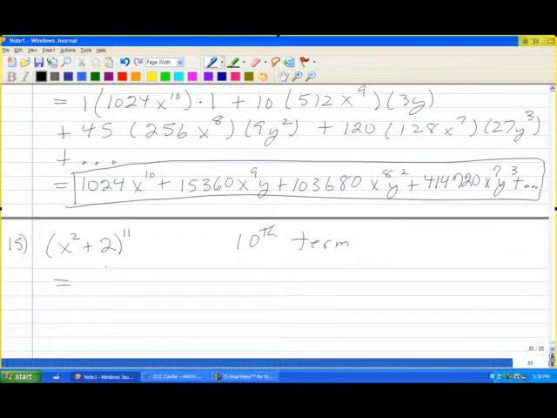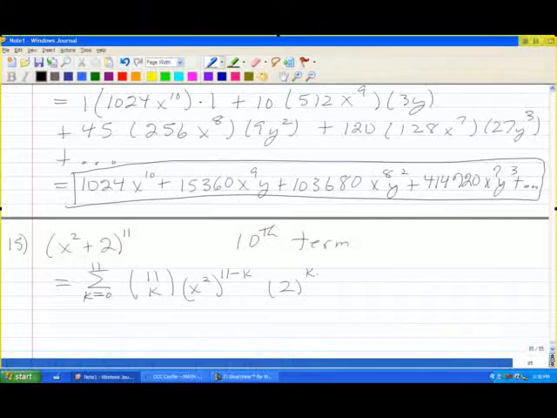This is just going to equal the sum, k equaling 0 to 11, of 11Ck x squared to the power 11 minus k, 2 to the k.